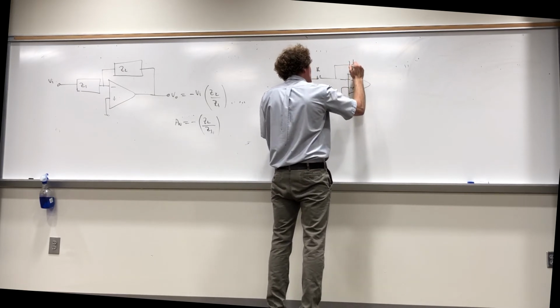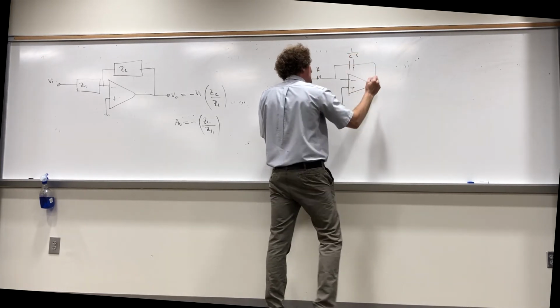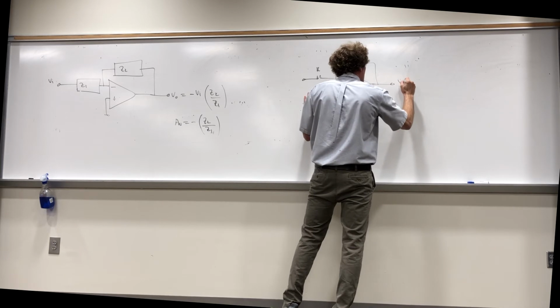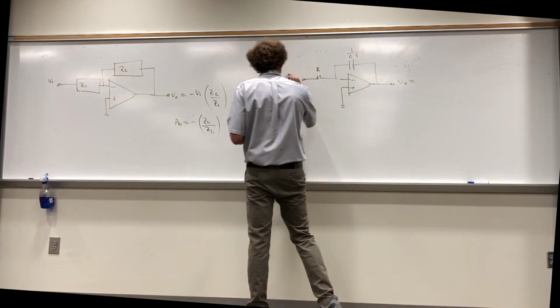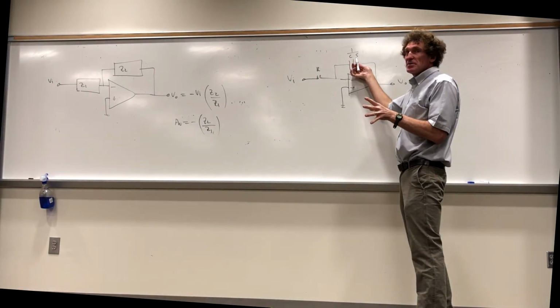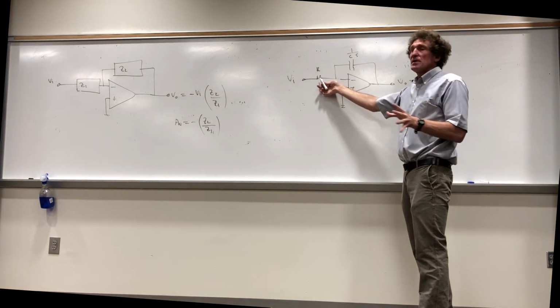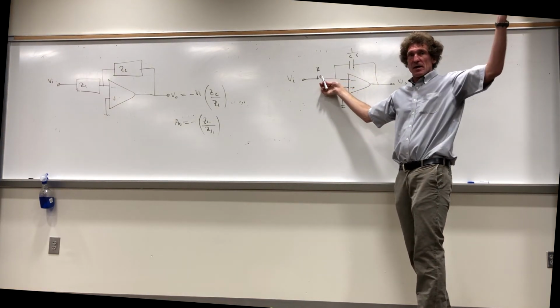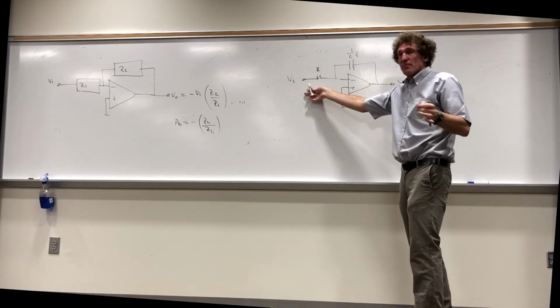Then this is going to be 1 over CS, the impedance. And I want to know this output voltage. This is the input. Can everybody see this is simply Z2, 1 over CS? This is Z1, R. How many see that?